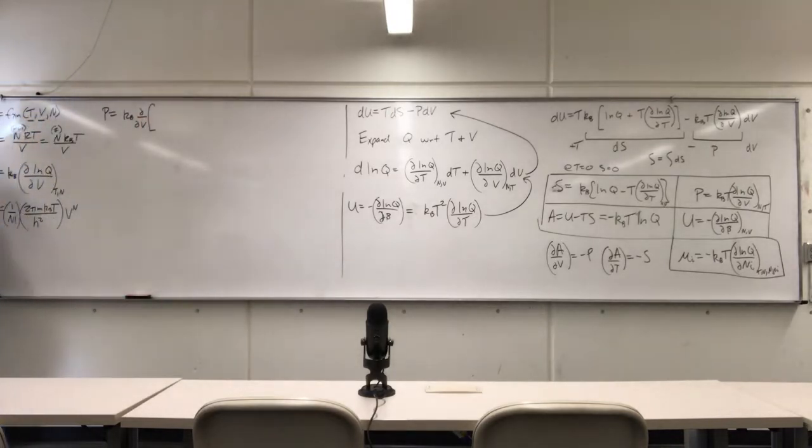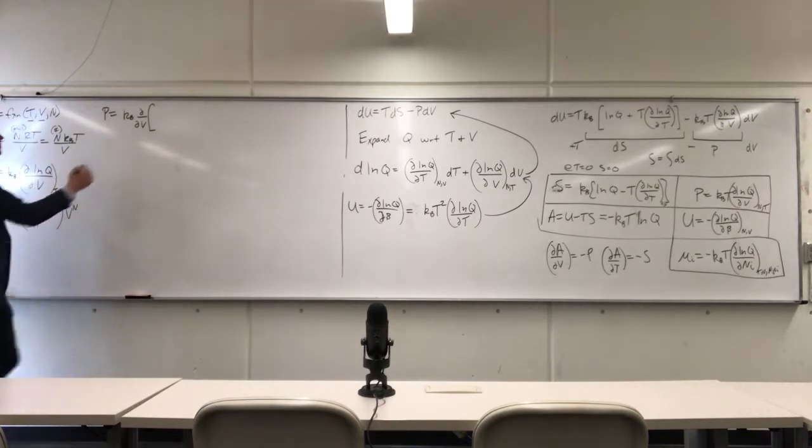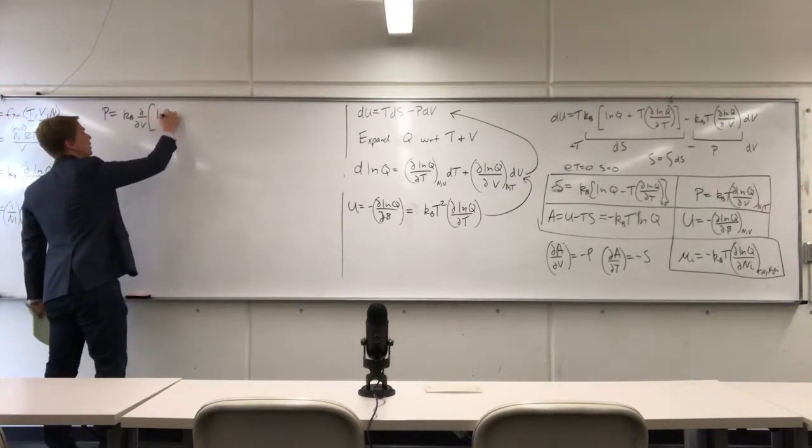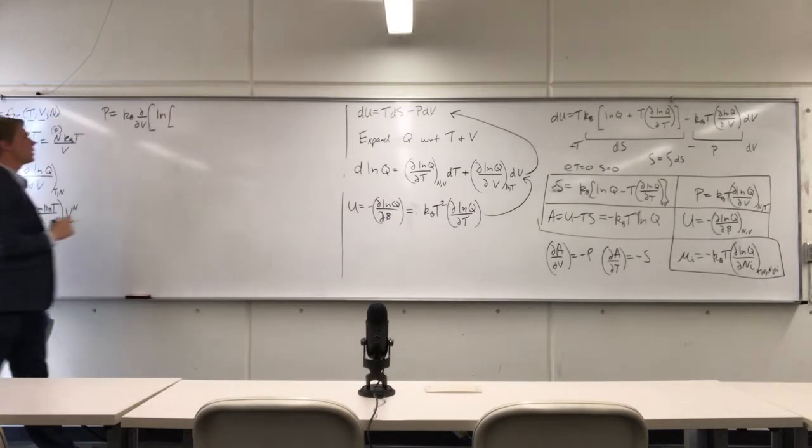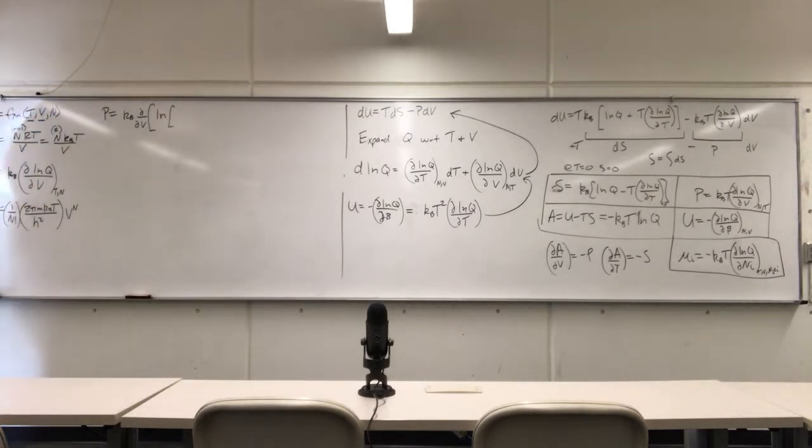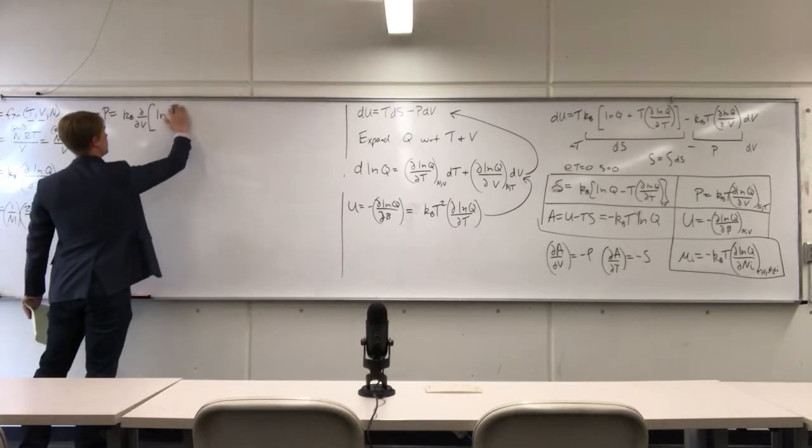All right, let's do a little bit of approximation here. When I take the logarithm and then the partial, anything that's not a function of V will go away. When I take the logarithm, I can break this apart into additive contributions. Let's do this ln of here.